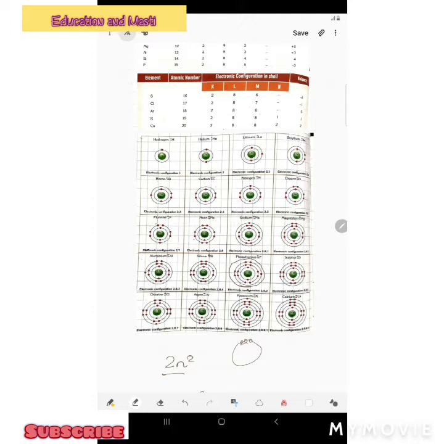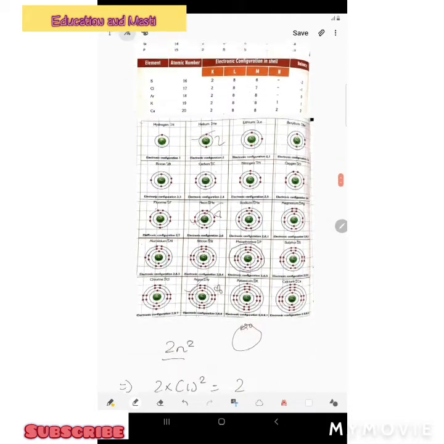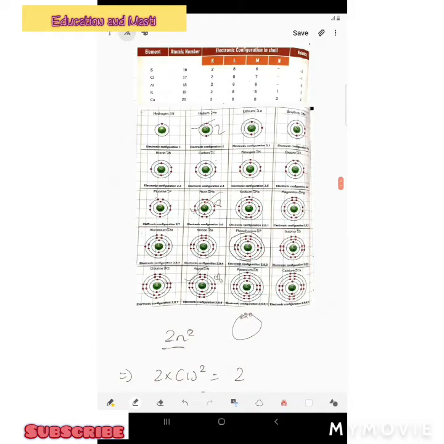This is seen in the noble gases helium, neon and argon. Here 8 are there, here also 8, and here 2. So we understand that noble gases attain a stable configuration.